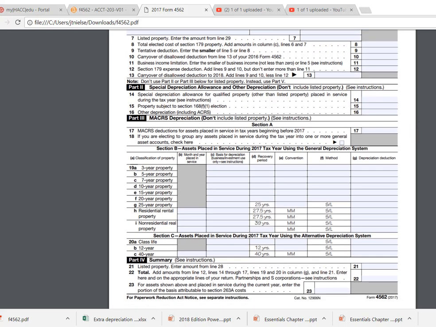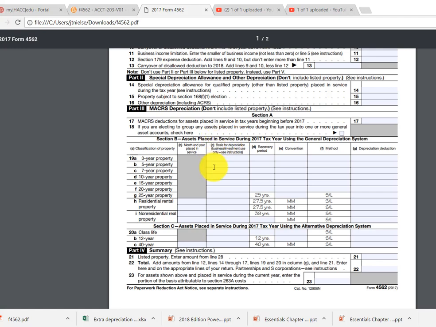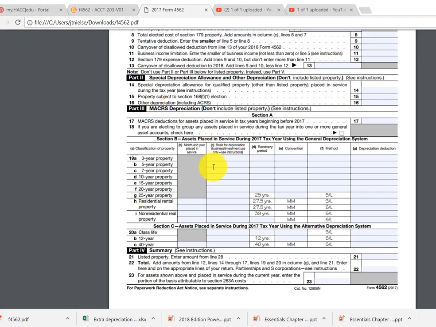And then Part 3 is where you add assets. Notice this is assets placed in service during 2017, only new assets. If you have assets you bought in past years that you're still depreciating, they all get added up and put on line 17.